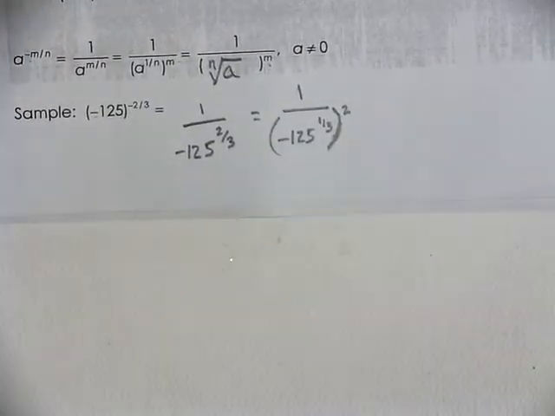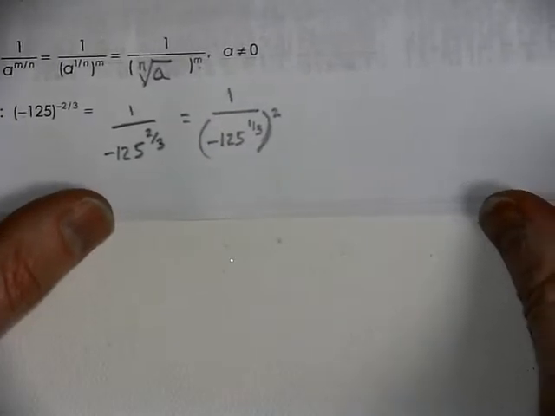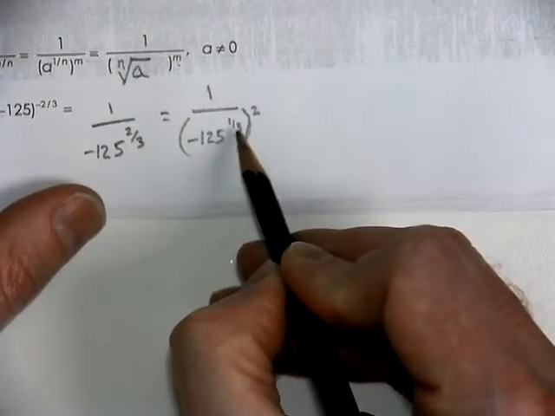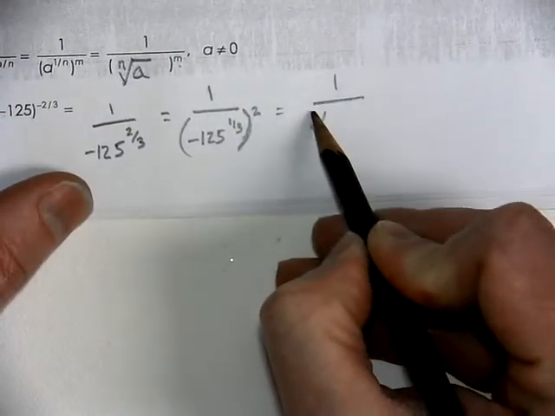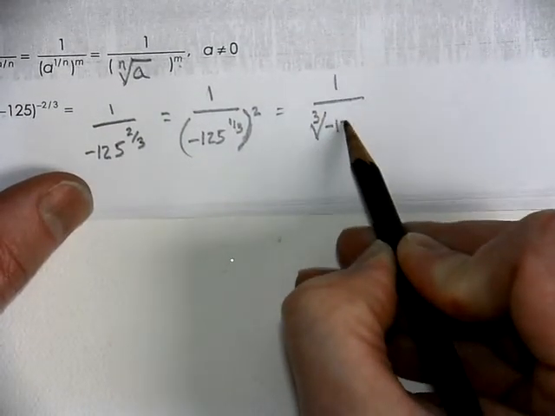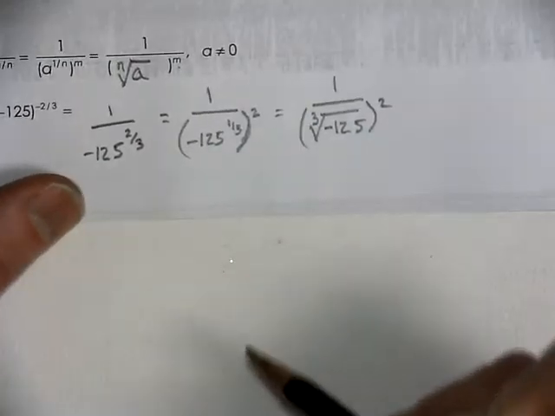And then the 2 would go on the outside. So you should know what the 1/3 root or 1/3 exponent is. That's the same thing as the cubed root of your 125, and that is being squared.